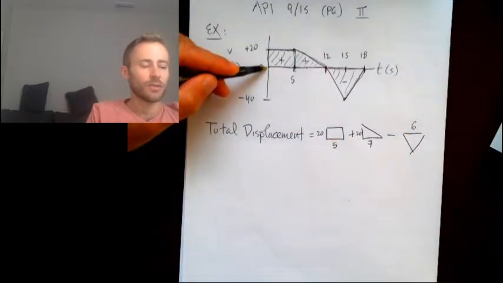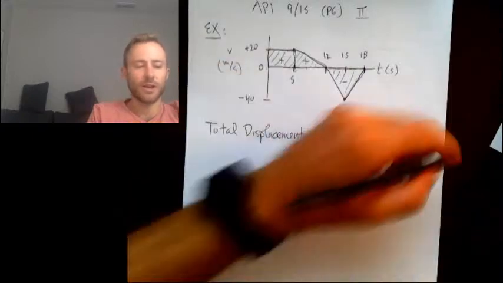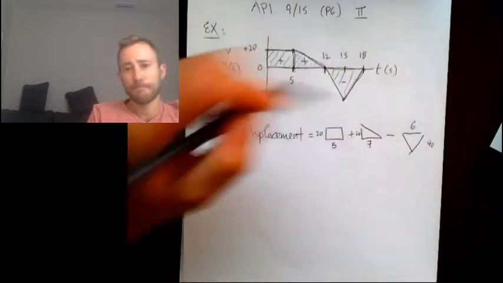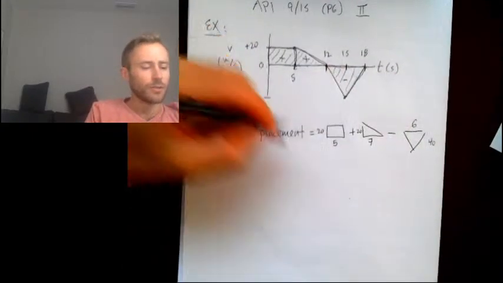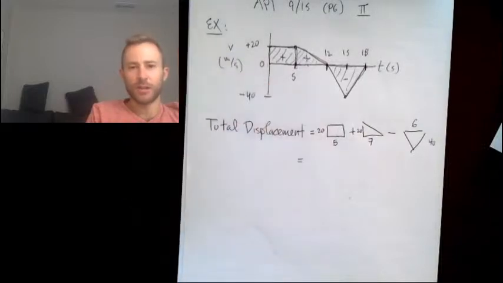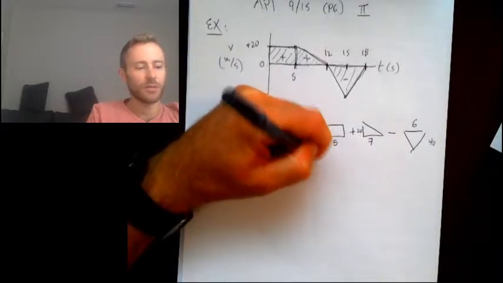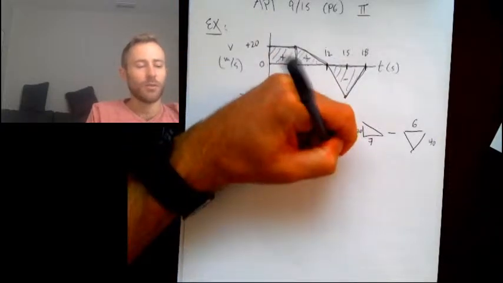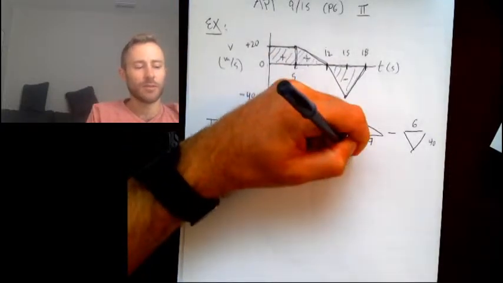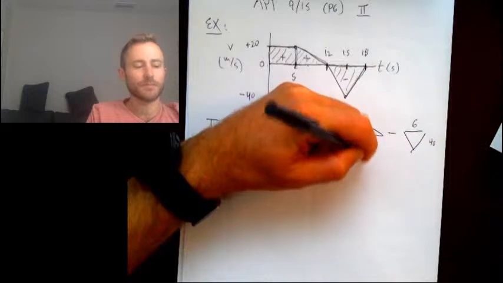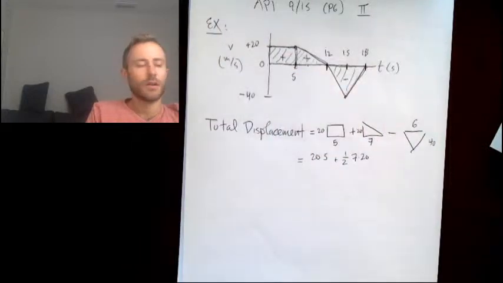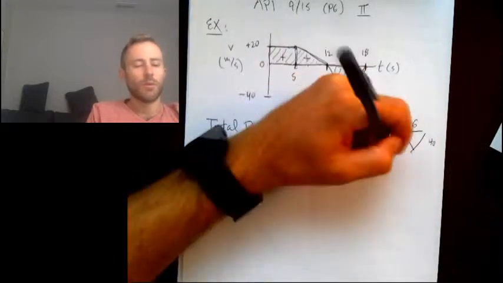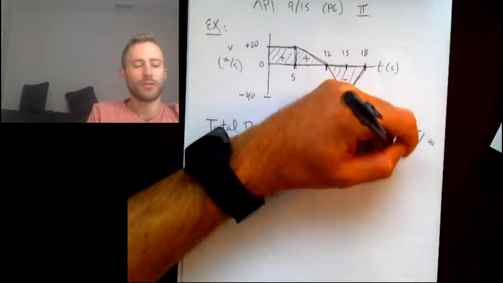And it goes from 0 down to negative 40, so that's a height of 40. So if I use the formula for area of a rectangle, base times height, that's going to be 20 times 5. Area of a triangle, 1/2 base times height.